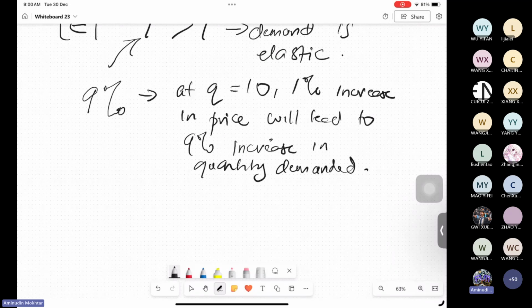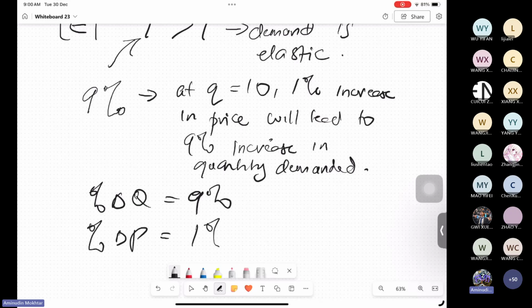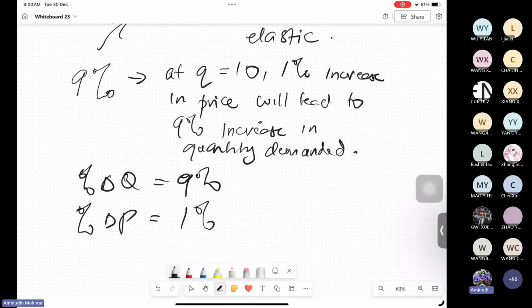In this case, the percentage change in quantity equals 9%, but the percentage change in price is 1%. The percentage change in quantity is greater than the percentage change in P. That's why the demand is elastic. The price of the good only increased by 1%, but the quantity demanded changes, maybe decreases, by 9%.